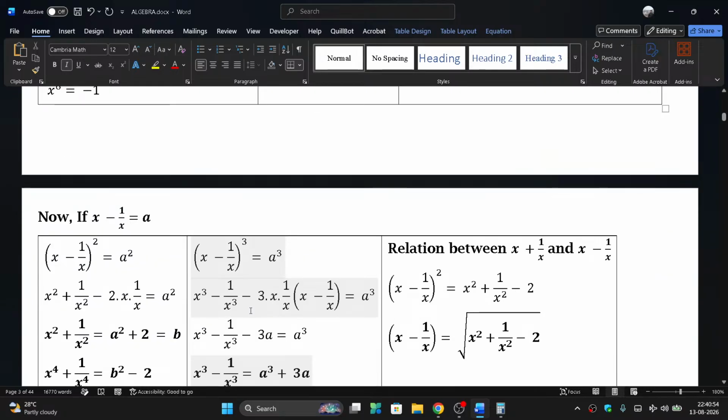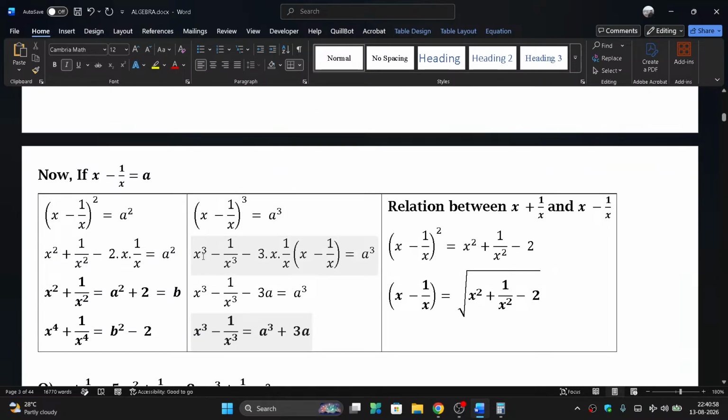The exact opposite is the formula of a minus b whole cube. x cube minus 1 by x cube minus 3x into 1 by x whole, multiplied with x minus 1 by x equals a cube.